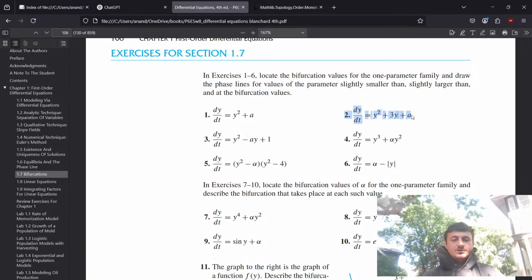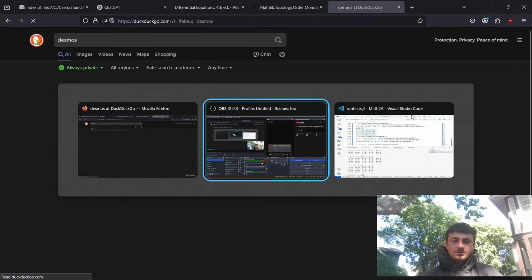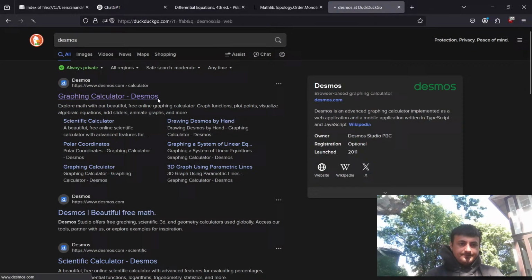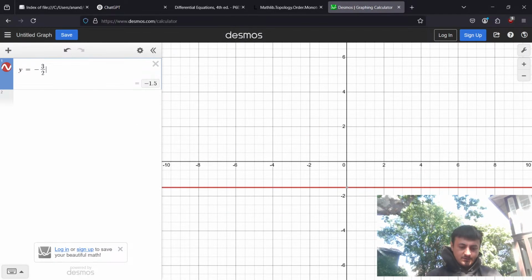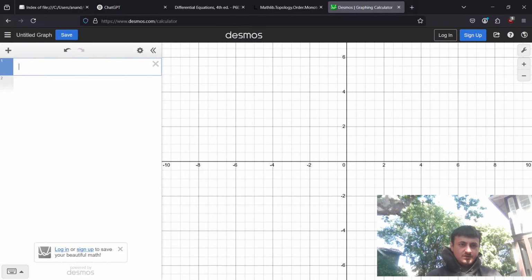Now what I want to do actually is let's go to Desmos. And if we did y is equal to minus 3/2 plus, or let's do that. Oh, wow.